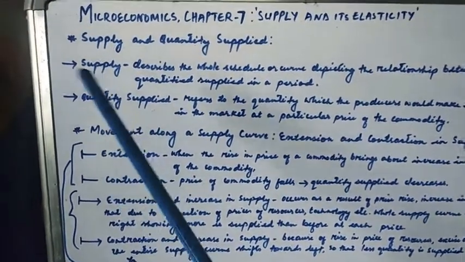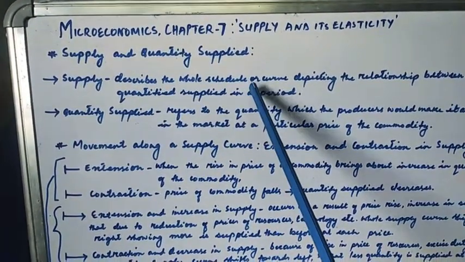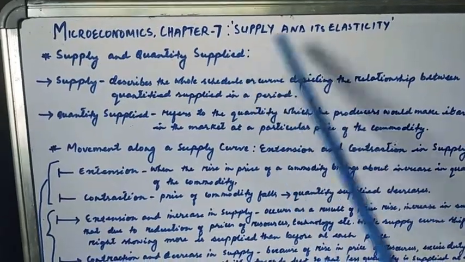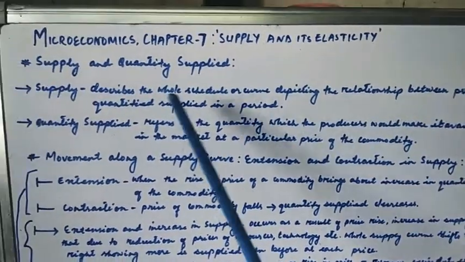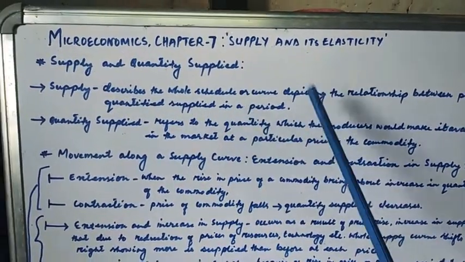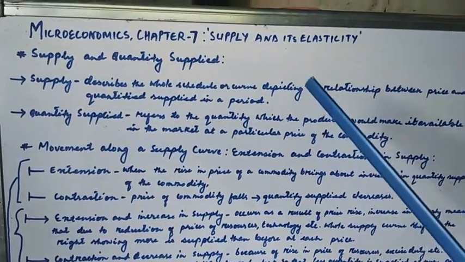As it is given here, supply is nothing but the whole schedule or the curve that is depicting the relationship between price and quantity supplied in a period. So what is supply?